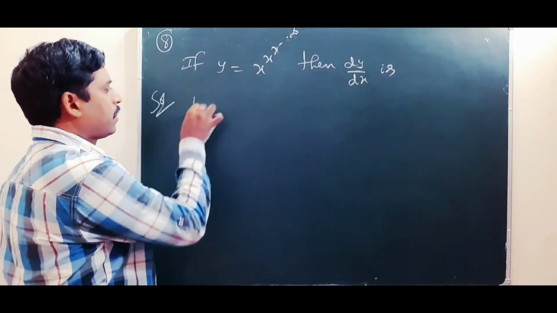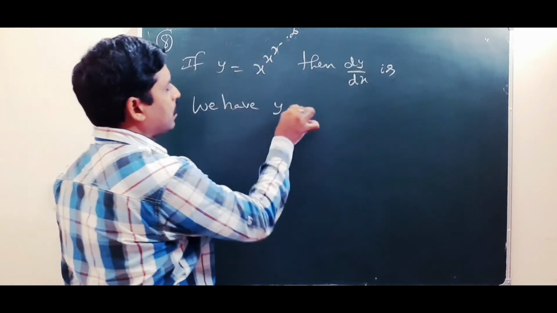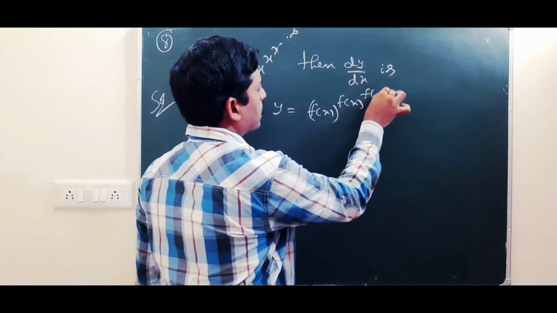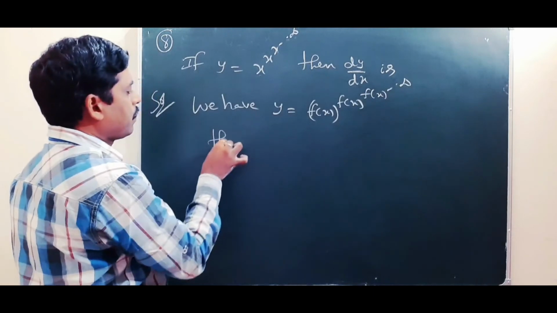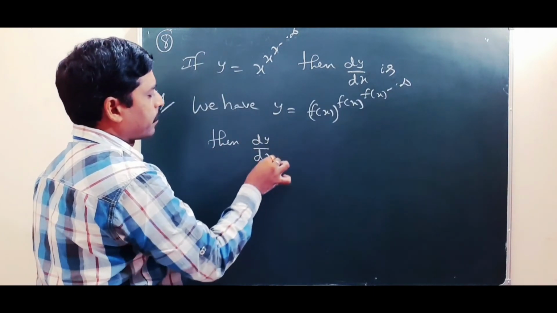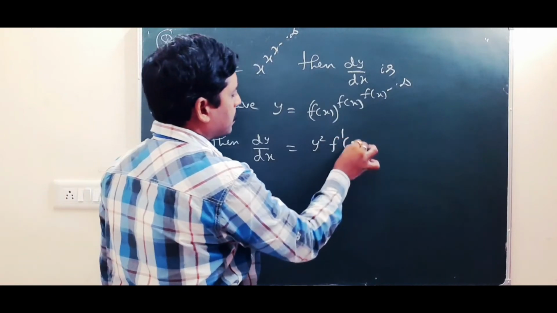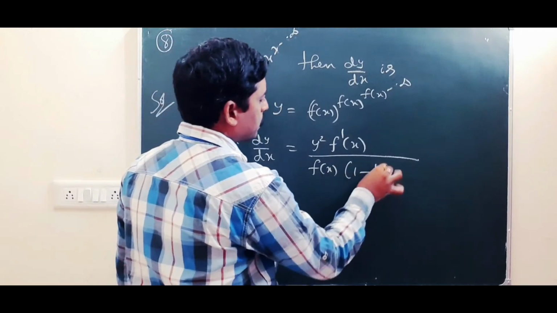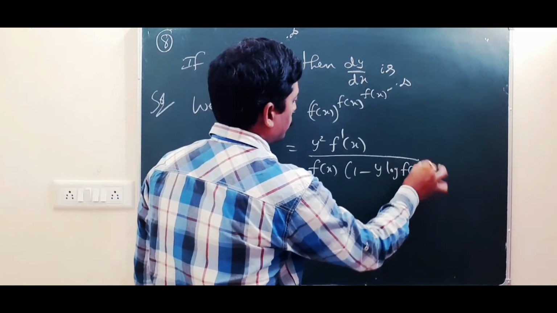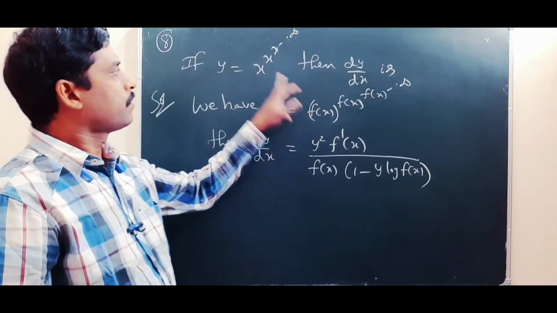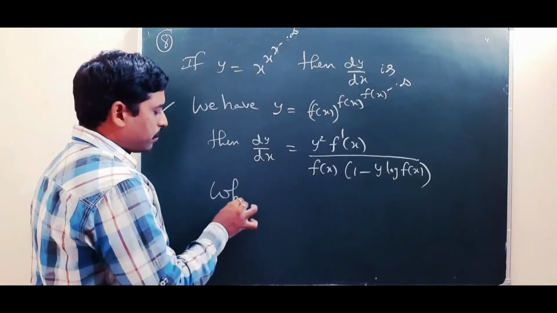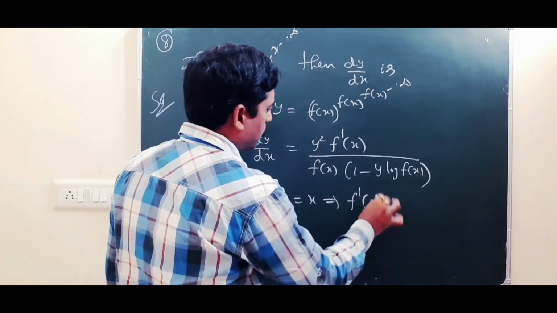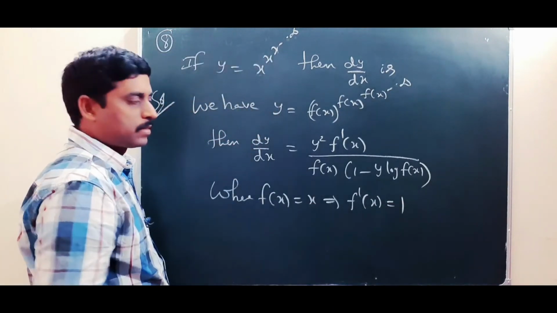We have a direct formula: y is equal to f of x power f of x power f of x up to infinity, then dy by dx is equal to y square into f dash x by f of x into 1 minus y log f of x, where f of x is equal to x. The derivative f dash x equals 1, the differentiation of x is 1.